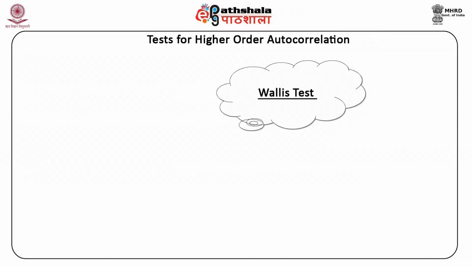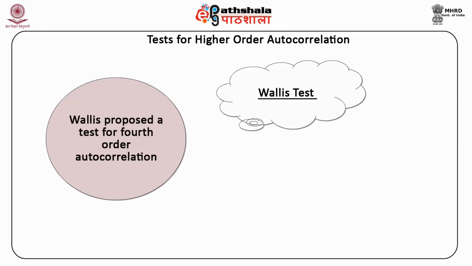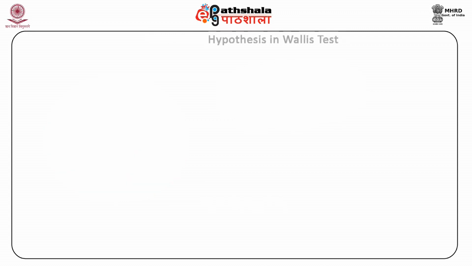Wallis test. Wallis proposed a test for fourth order autocorrelation. If the disturbance term is characterized by fourth order autocorrelation, then we can write u_t is equal to phi_4 into u_{t-4} plus epsilon_t. Hypothesis in Wallis test.